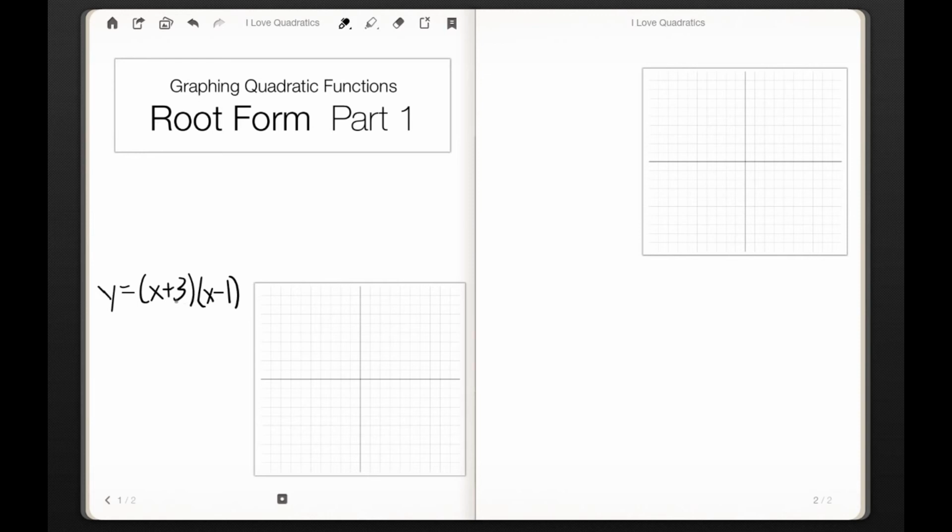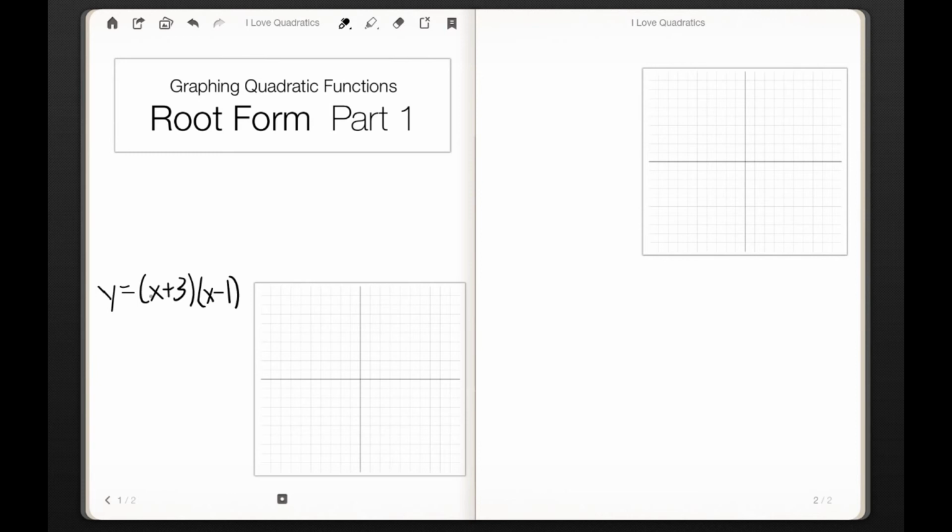So there's something we can very easily do when we're in this form. We can say, how can we get y equal to 0? Because if y is equal to 0, we'll have a point right on the x-axis. And this is something we covered when we first started solving equations by factoring, where we had quadratic equations set equal to 0.